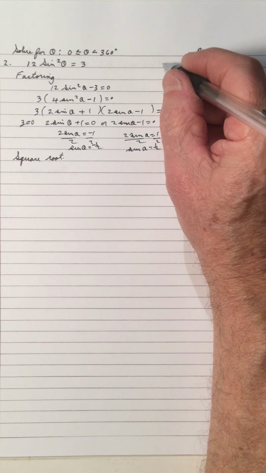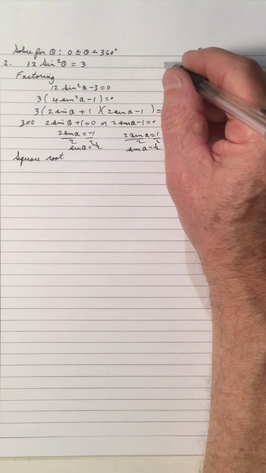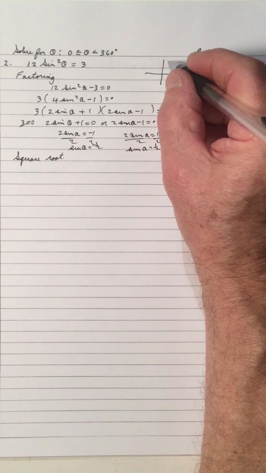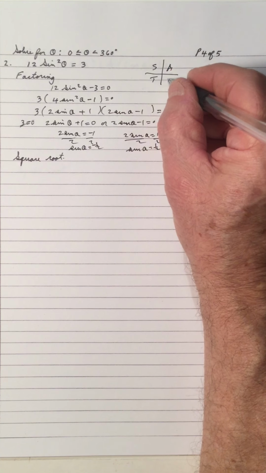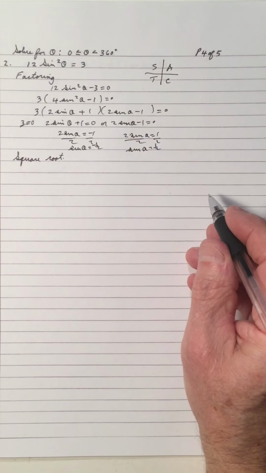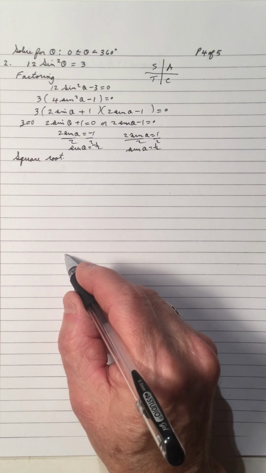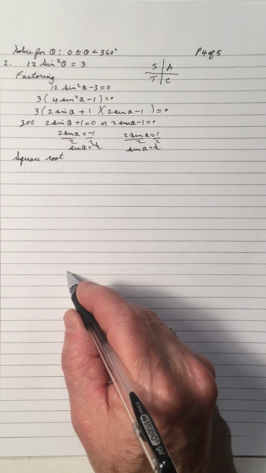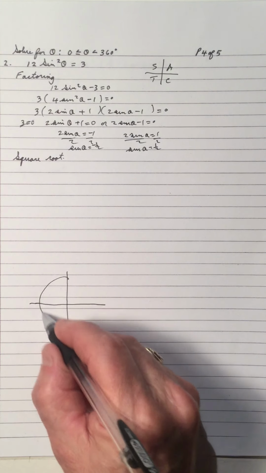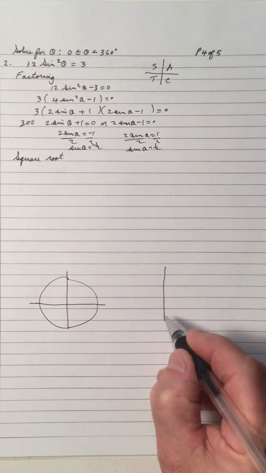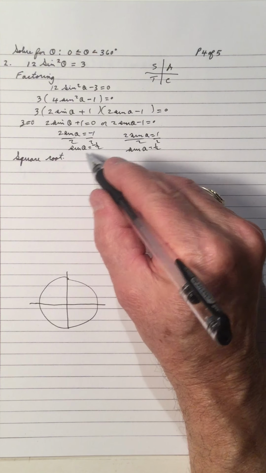And because we have sine positive and negative, well, this is add sugar to coffee. Let me do that down here where I have more room. Sine is the y.